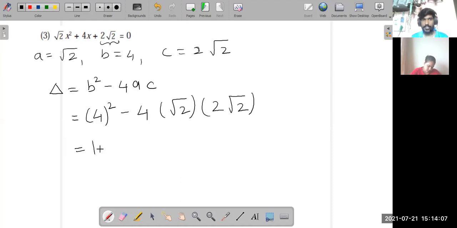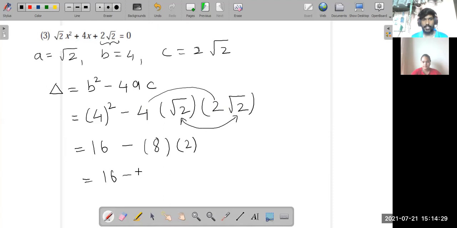So 4 square is 16 minus, now here we have a root. So first you multiply the numbers. So 4 into 2, that is 8. Okay, so first I multiplied this 4 and this 2. And root 2 into root 2, can you tell me what will it be? Root 2 multiplied by root 2? 2. So this we get 16 minus, wait, how did you get 8?